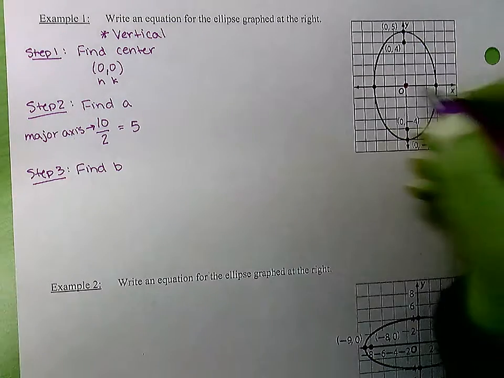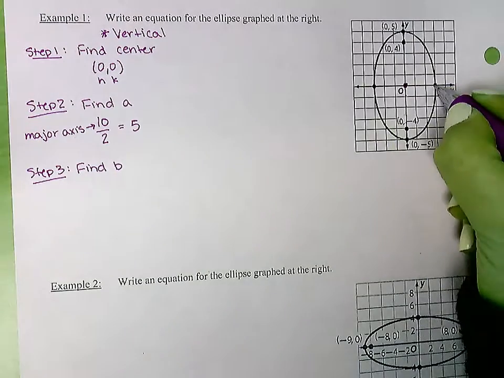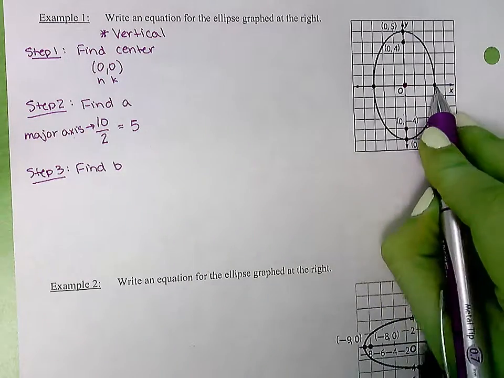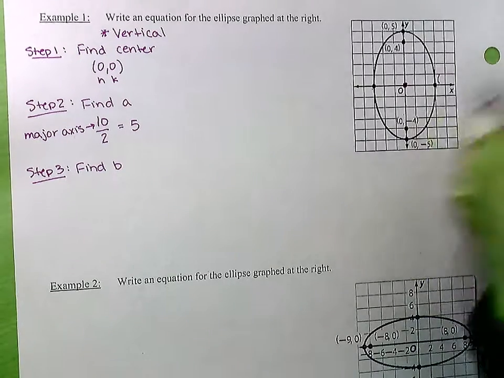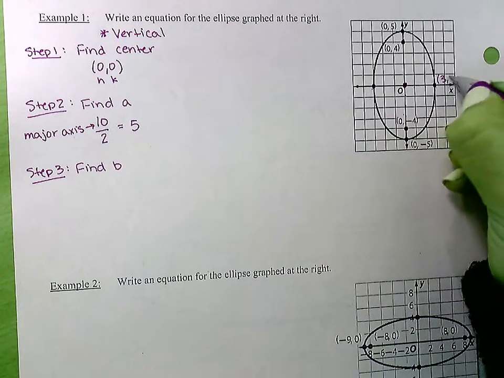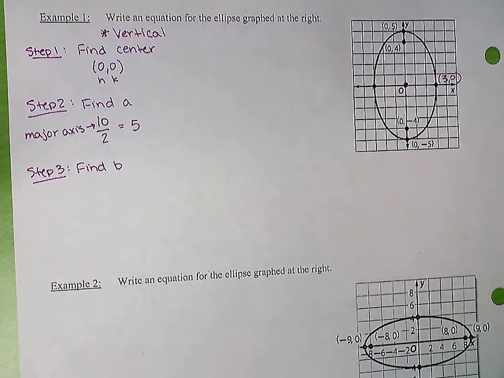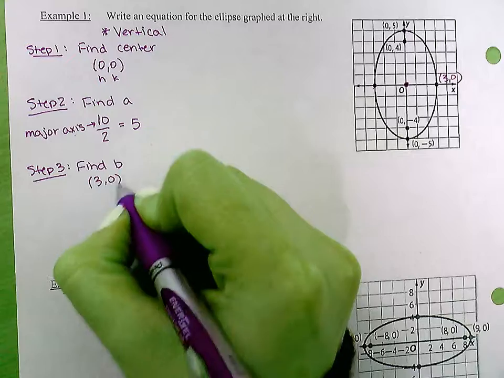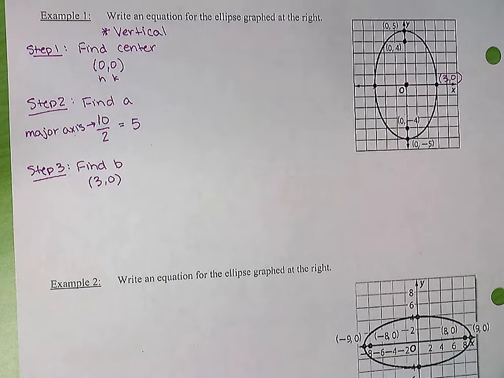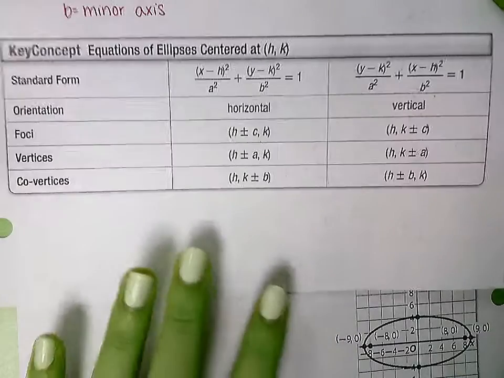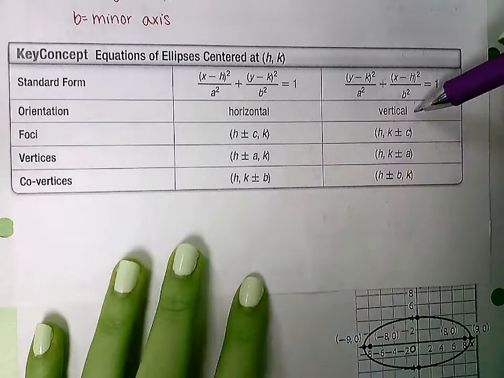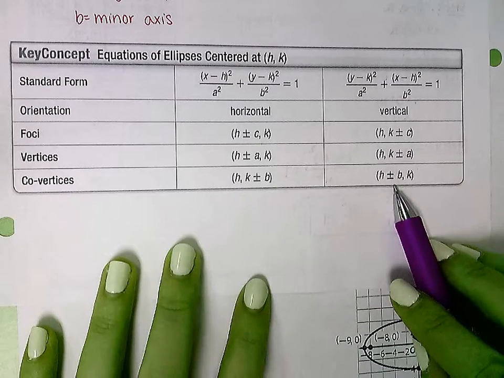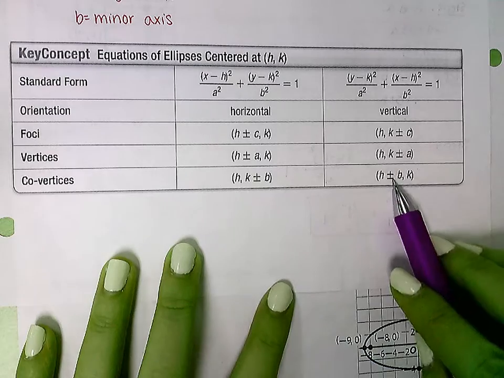So finding B has to do with your co-vertices. That would be these 2 points here. So this point would be at 1, 2, 3, 0. Okay, so I can use that coordinate point. Now if I look back at my chart here, and I know this is a vertical ellipse, with my co-vertices, I can find B right here.